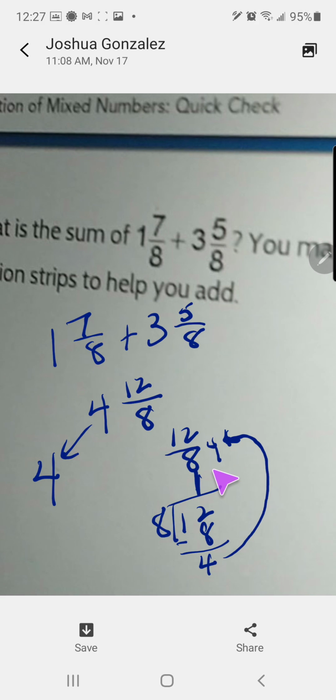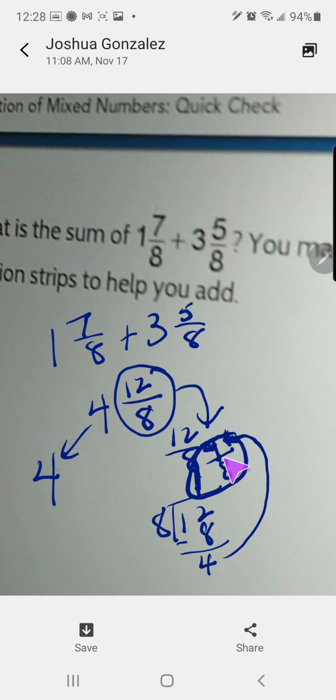So the 4 is going to be the numerator, and your denominator, the number at the bottom, is going to be your divisor, your 8. So there you go. You just converted that improper fraction 12/8 into a mixed number, 1 and 4/8.